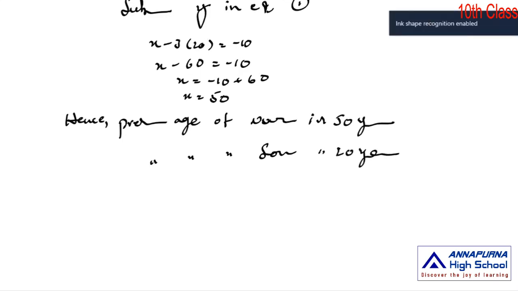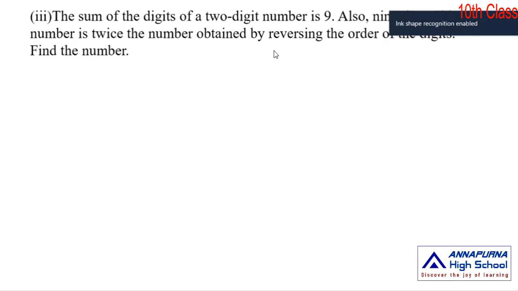Let's come to the third one. Here the third question is: the sum of the digits of a 2-digit number is 9. Also, 9 times this number is twice the number obtained by reversing the order of the digits. Find the number. Read the question carefully.